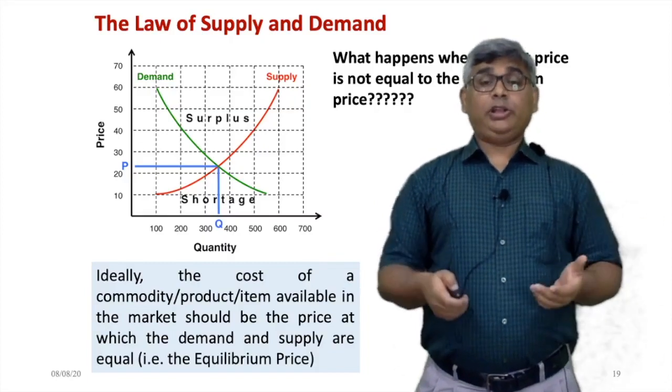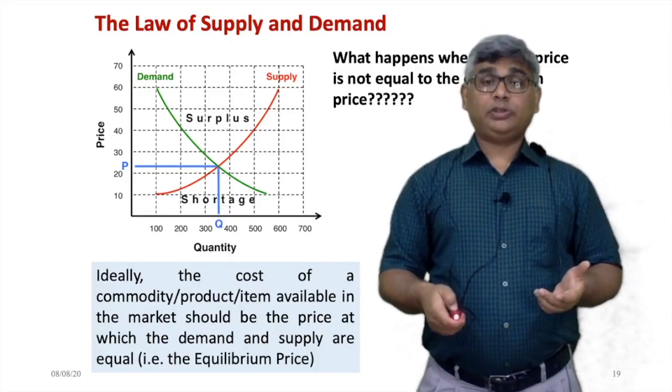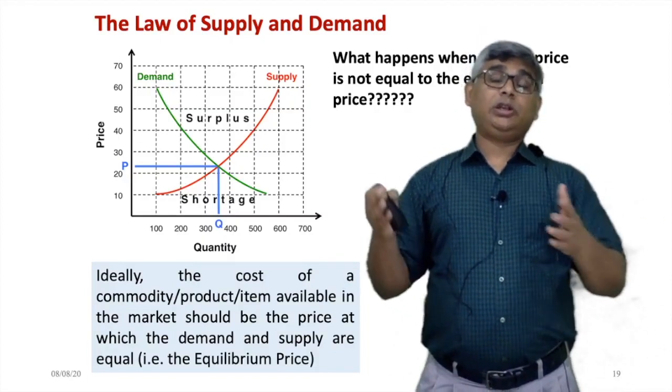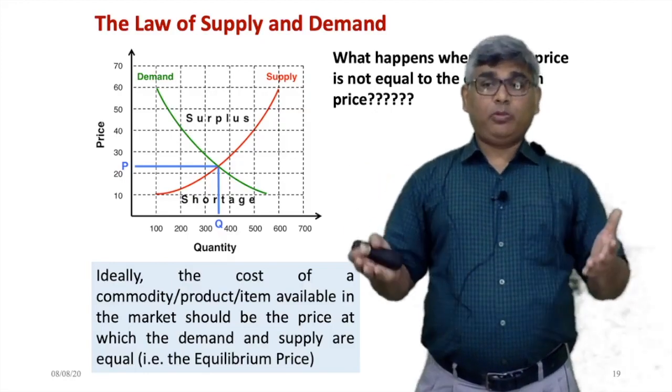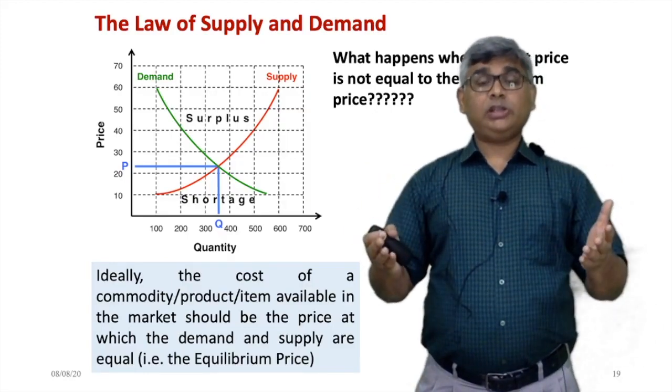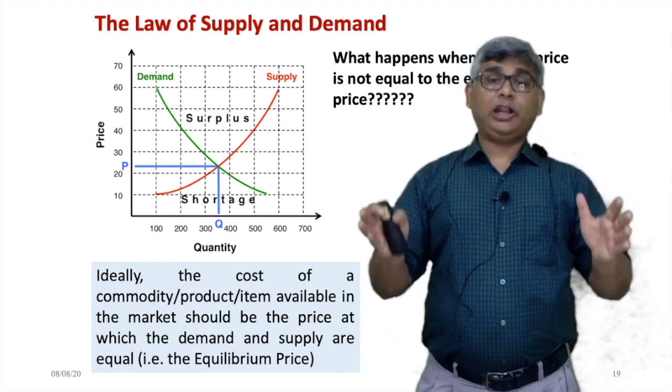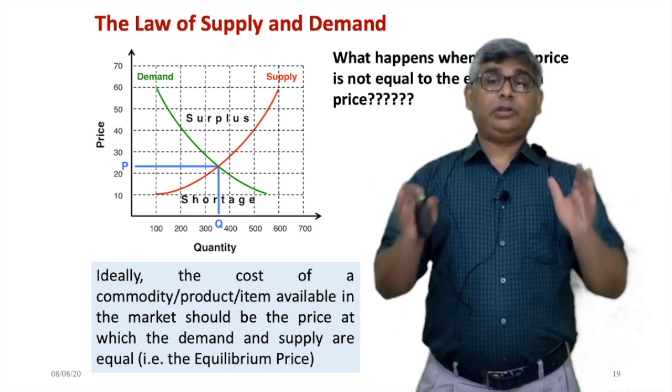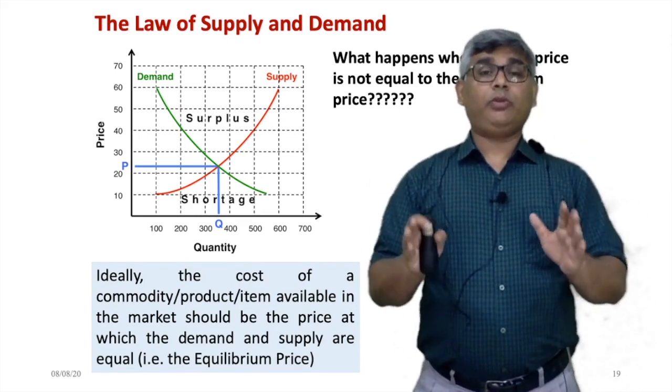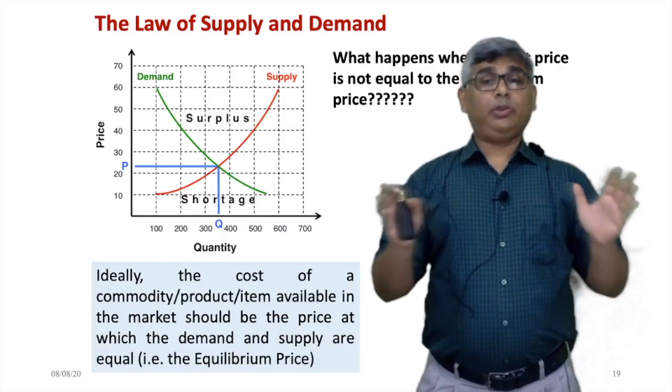So the ideal point is that one should operate a business at the point where supply and demand are both equal, and the costing should be such that it is the cost at which supply and demand are equal, what we call the equilibrium price.